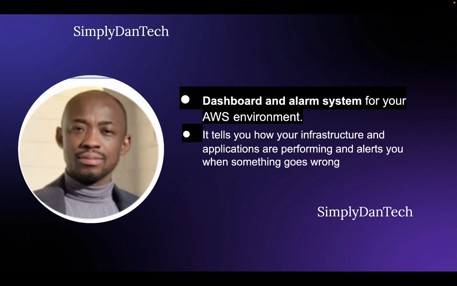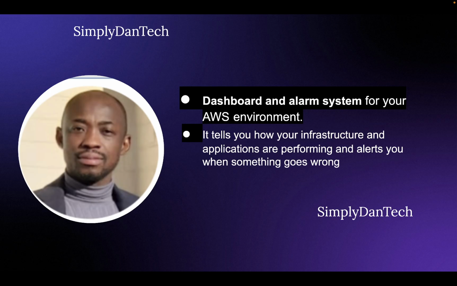By that I mean a condition will be met, let's say, or it picks up an issue within your compound or within your AWS account, and then that action, you have to act on that. Okay, so basically an event will be triggered and then you can act on that. So it tells you how your infrastructure or your application is performing and then alerts you when something goes wrong. That is what it's about.